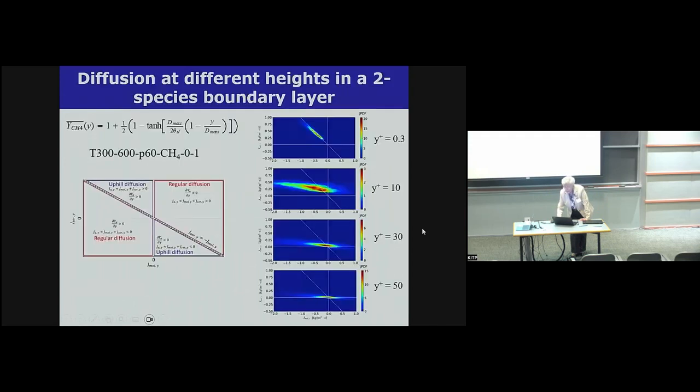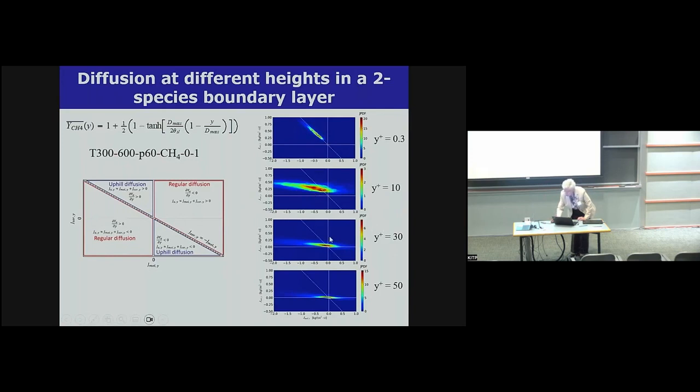And here we are looking at a cold wall situation with a non-uniform mixture. And we can see that this is a sketch of uphill diffusion, and there is uphill diffusion here, here.